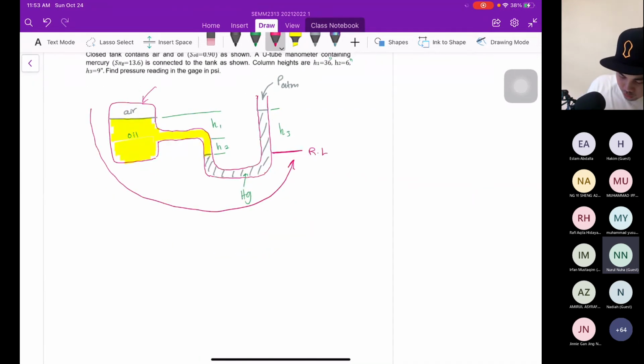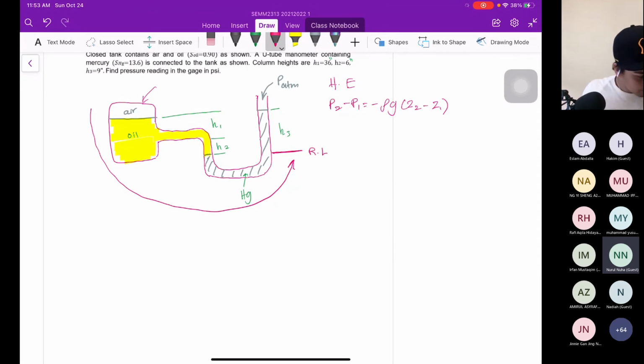So what to do? Our hydrostatic equation is P2 minus P1 equal to negative gamma, or you can put rho g, (Z2 minus Z1). Alright. So we start with P2 minus P1.